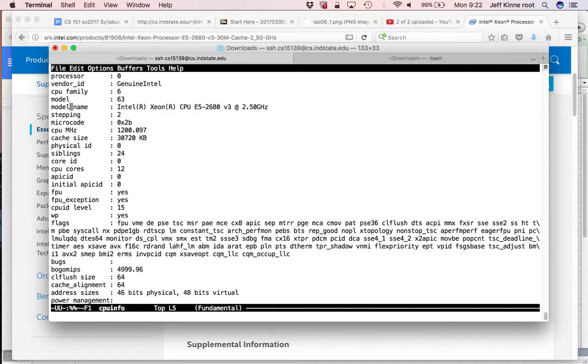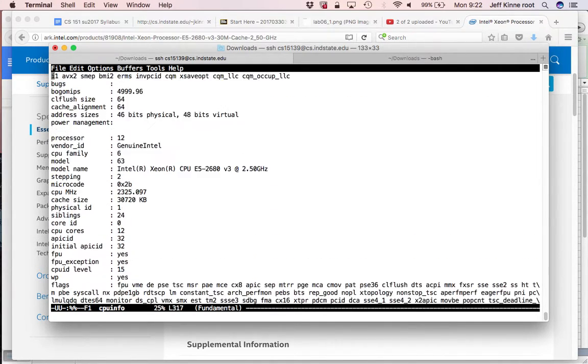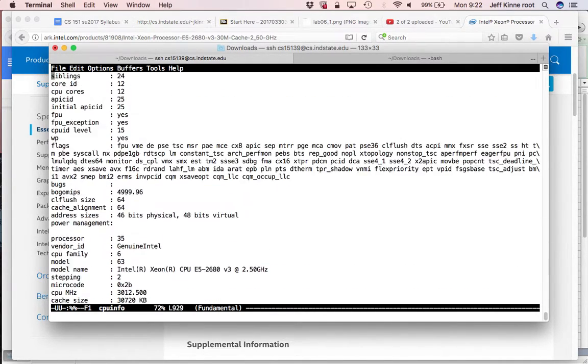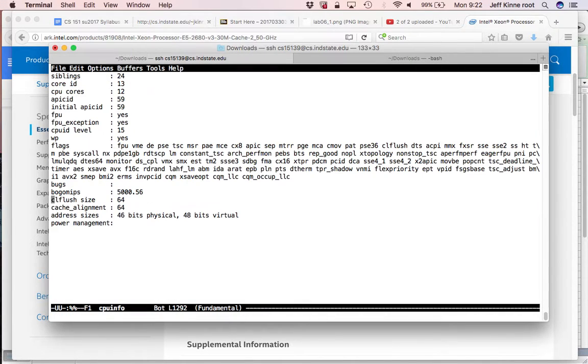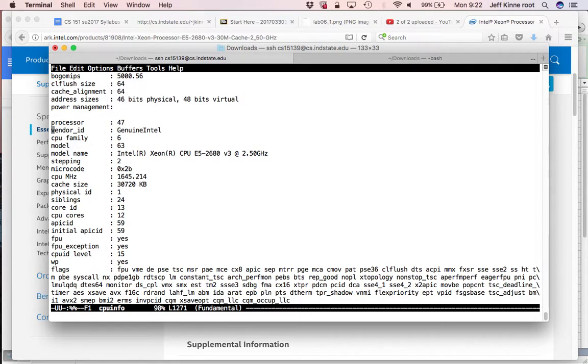Okay, if we go to the bottom of this file, we get down to the end and we get to processor 47, and it started with 0, so that's actually 48. So this is 48, and it's actually showing hyperthreads.